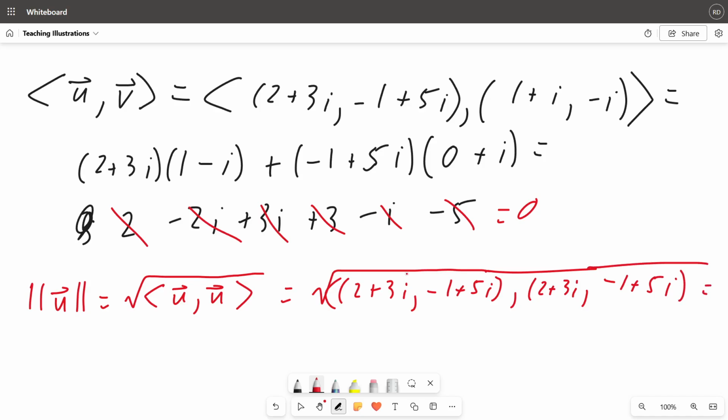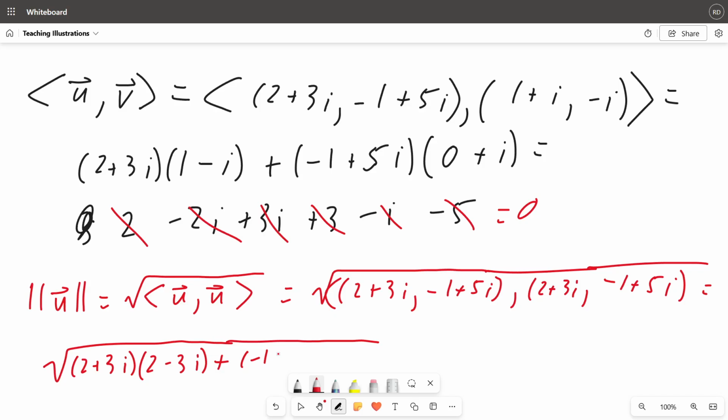So for each term, you do the first times the conjugate of the second. So it'd be 2 plus 3i times 2 minus 3i, plus negative 1 plus 5i times negative 1 minus 5i. Which then becomes, yeah, the 13 for the first part, but the second part is 26. So we get root 39.